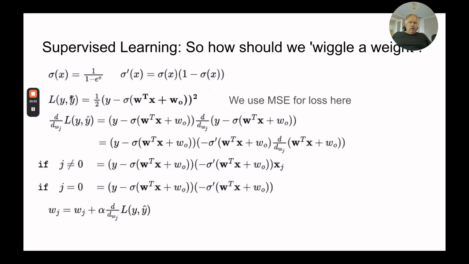And then what we have here is y. So y is, what is the correct answer? x is the input. Notice here, x is a vector. So x could be those 17 values.